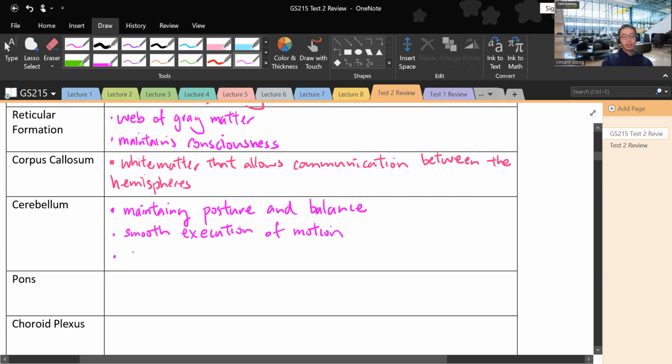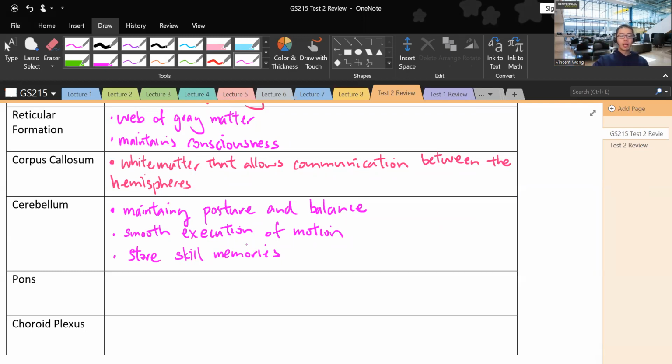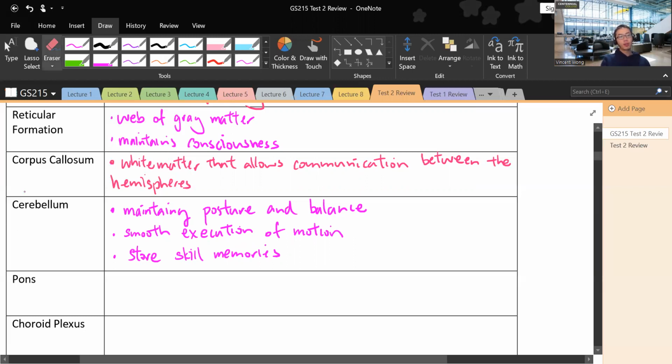And lastly, it is the place to store skill memories, which is different from factual memories, right? These are things that you do with your body, with your hands, with legs, like a dance routine, riding a bike, typing, all those things. They are stored in the cerebellum.